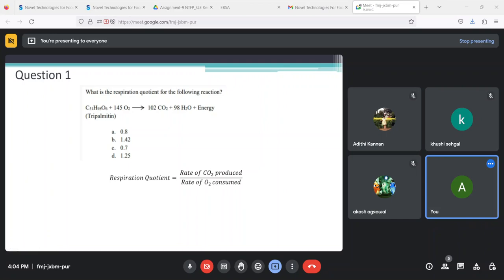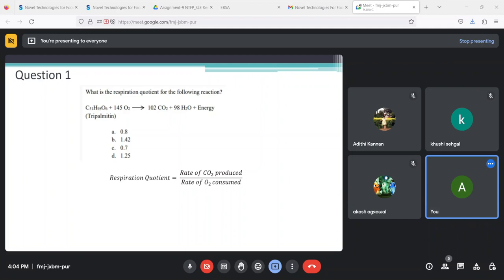So with this formula in hand, what is the respiration quotient for this particular reaction? If you want to answer as well, you can post it in the in-call messages itself, or you can unmute yourself. So how to proceed with this?